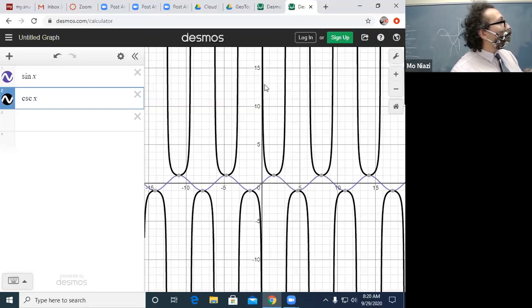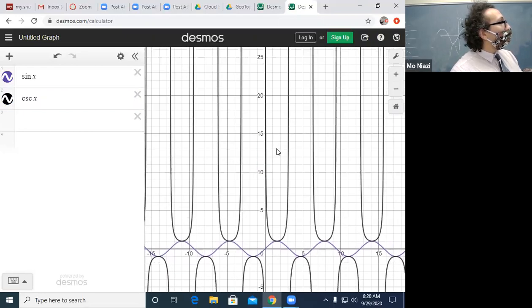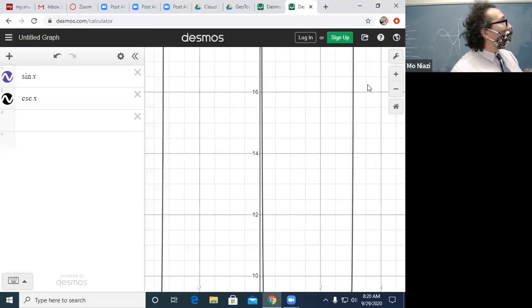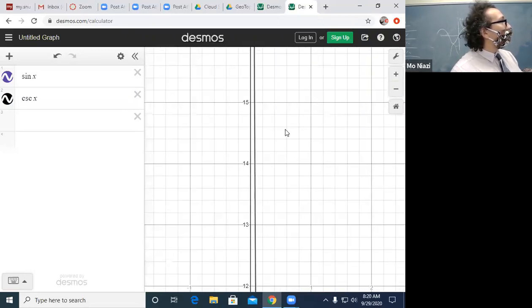It looks like it touches it, doesn't it? But if I were to zoom in very close, we notice it's not really touching it. You see that? Isn't that cool? Even though it starts to look like it does, as you zoom in further and further, you realize it's not touching it. And it will never touch it because you can't divide by 0.